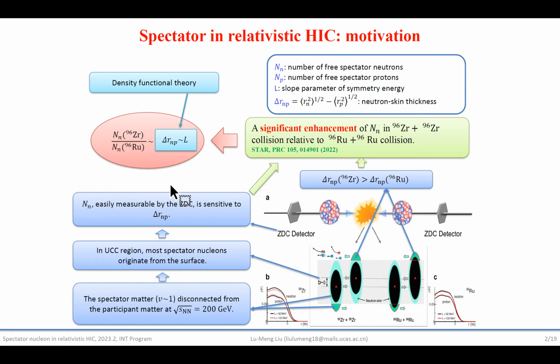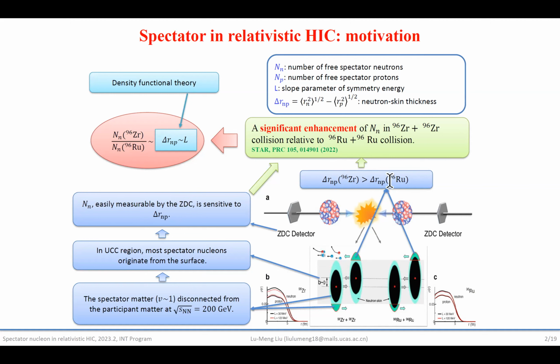This analysis is consistent with measurements of the STAR collaboration. They report a significant enhancement of free spectator neutrons in zirconium collisions relative to ruthenium collisions, because of the larger neutron skin of zirconium than that of ruthenium.